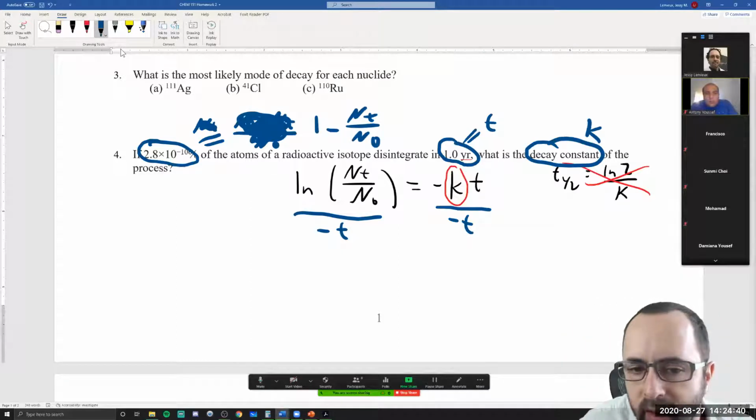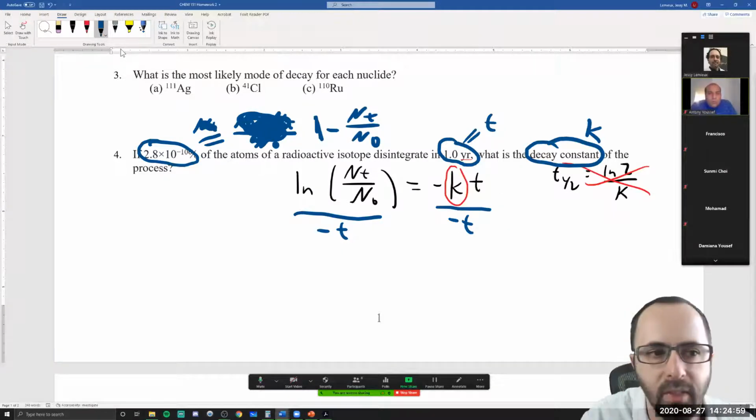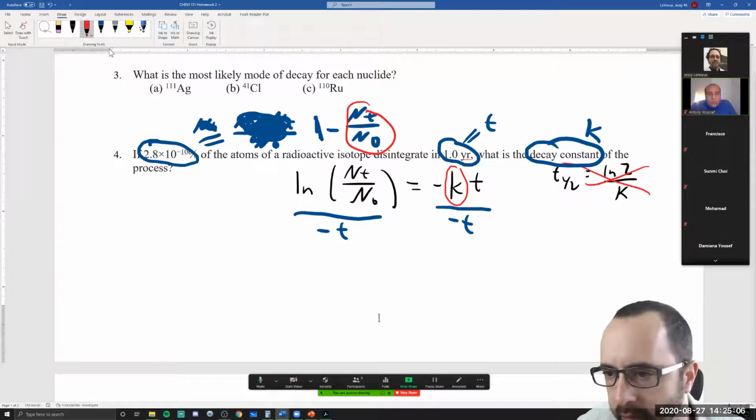So what we start with is 100% or 1, right? And what we have at the end is the ratio of the amount we had at time T over the amount we started with. So what we want is to know what fraction of our atoms are left.